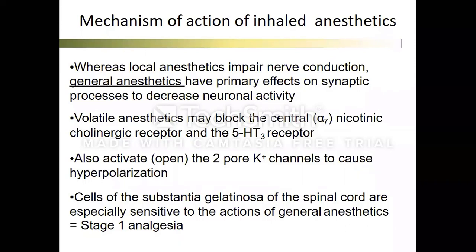They may activate certain two-pore potassium channels that lead to hyperpolarization. They may produce their effect on cells of the substantia gelatinosa of the spinal cord, which are very sensitive to the action of general anesthetics, where there is loss of senses. The stage of analgesia is majorly because of the effect on the cells of the substantia gelatinosa.